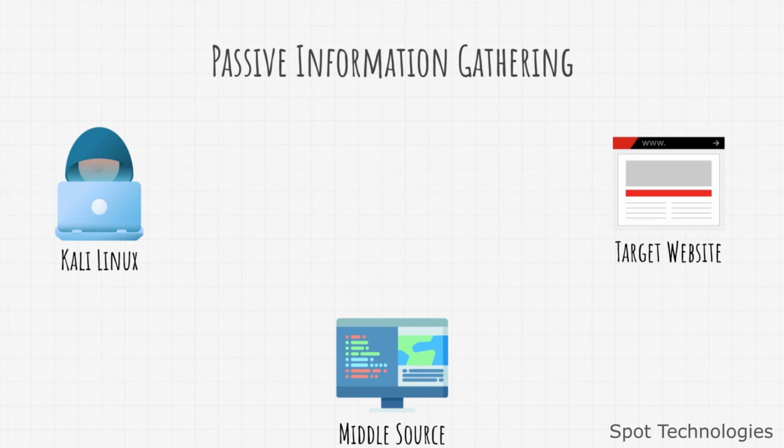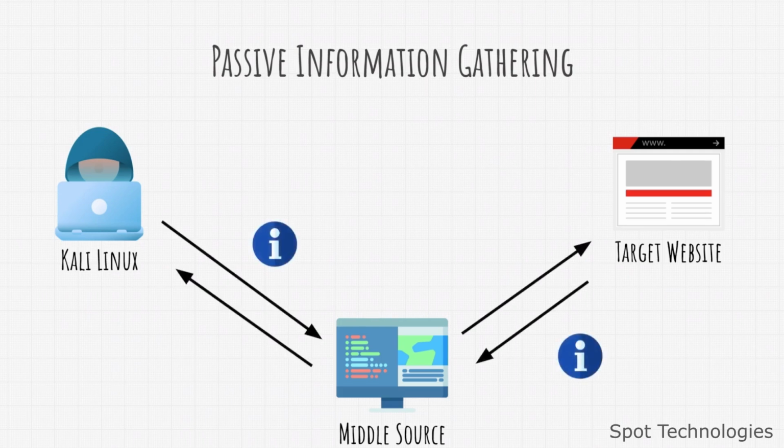This middle source could be anything, from a search engine to a website. It could also be a person, but what matters is that the information we get is going through that middle source. For example, if we want to find out something about a certain target, and we Google that target to find some pages that contain information about it, this is considered passive information gathering.